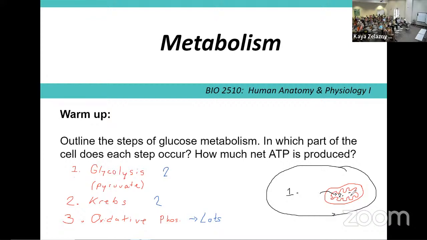I'm going to put the 3 here, but as we'll see in a second, this step is really talking about how we're crossing this inner membrane. Right? So we're going to see that we have stuff flowing from this intermembrane space into the matrix of the mitochondria, so into the center, which is where you're going to end up with the ATP. So questions about this kind of big picture overview of the process.